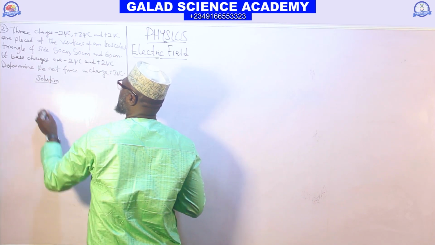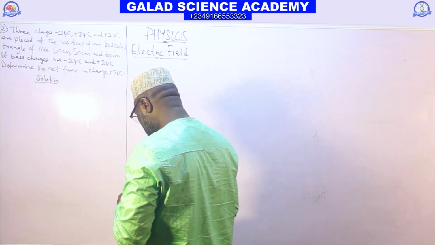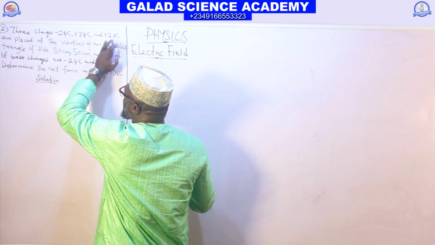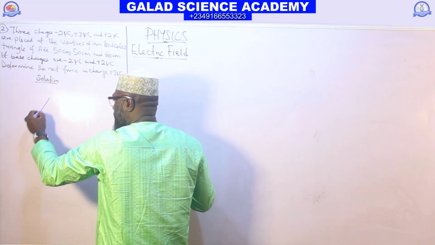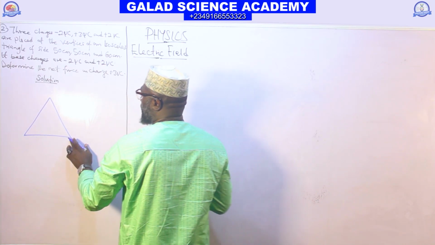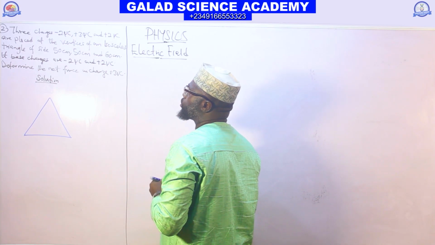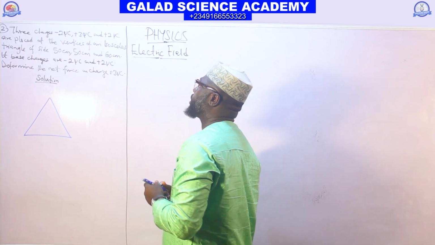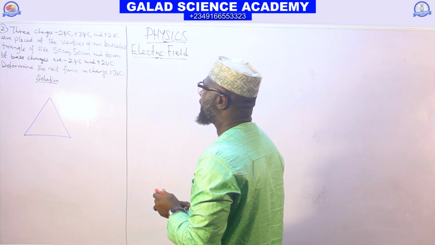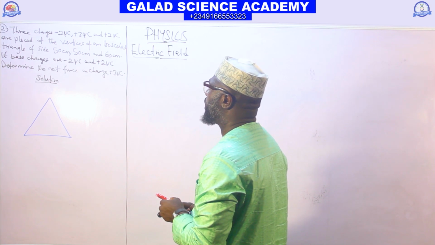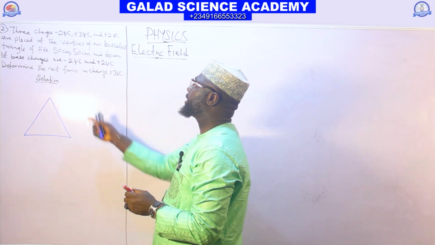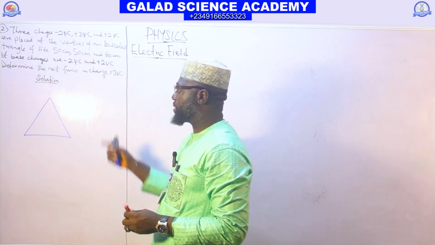Solution. We are given 3 charges: plus 2 microcoulomb, plus 3 microcoulomb, and plus 2 microcoulomb, placed at the vertices of an isosceles triangle of sides 50, 50, and 60 centimeter.